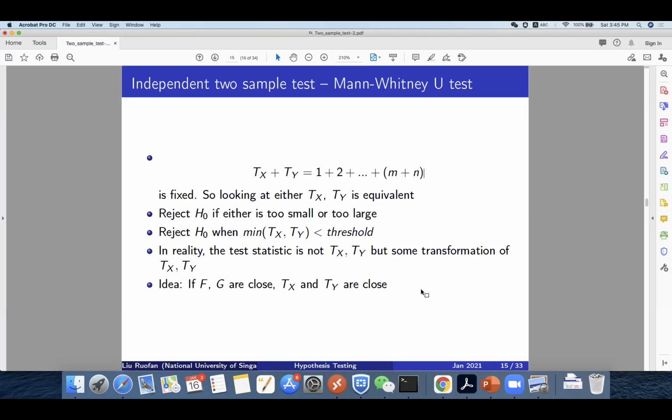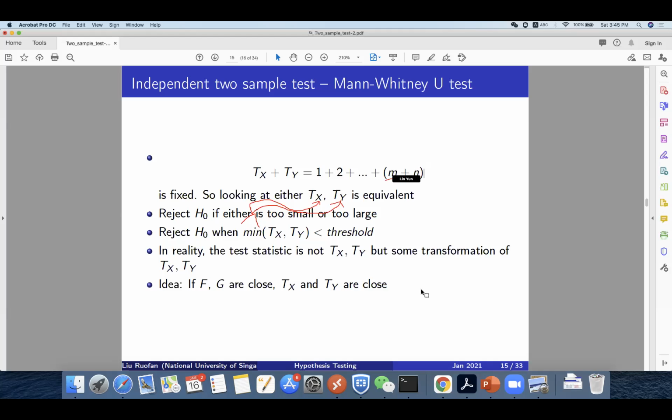But here, if H0 is rejected when either Tx or Ty is too small or too large, it means one of them is very small and one is very large.